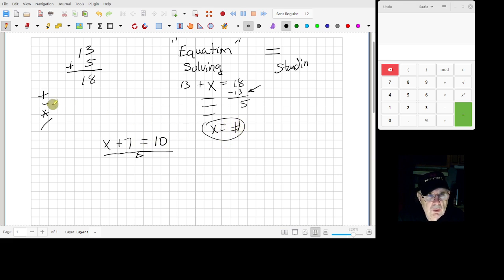We're allowed to do that, as long as we do not upset the fundamental balance of the equation. So if I added 5 to this side, I have to add 5 to this side in order to keep this balanced. If I subtract 3 from this side, I must subtract 3 from this side. Otherwise, I change the balance.